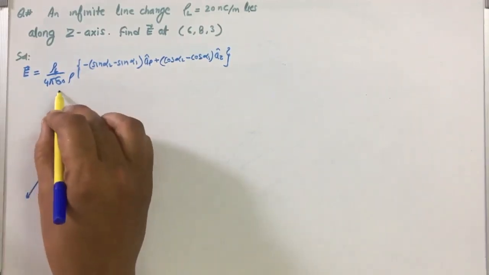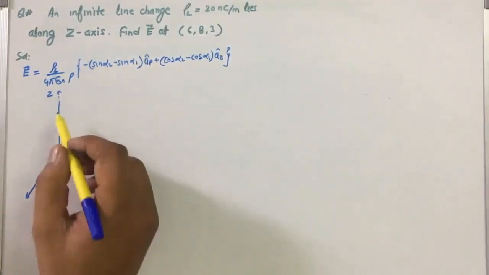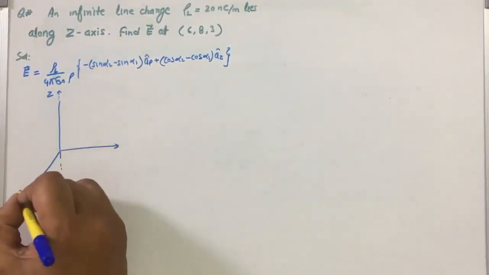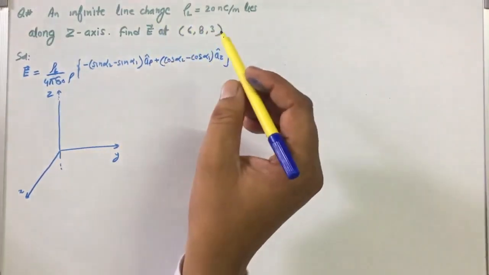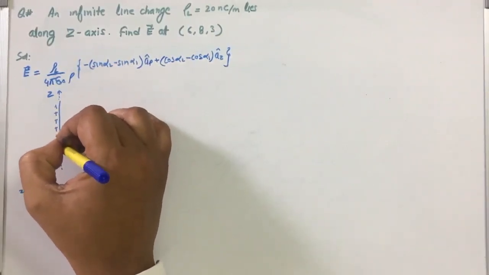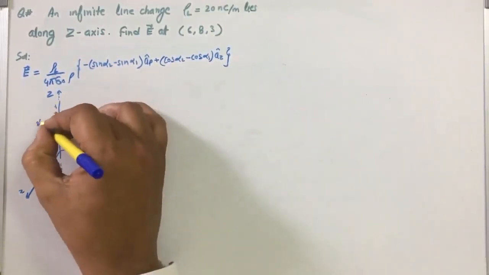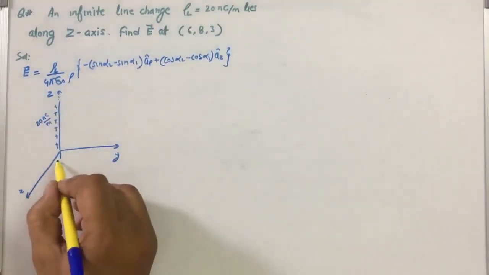If this is z, then to get z we have to do a cross product: if this is the positive direction, then x should be here, and x cross y will give z. Now the charge density is 20 nanocoulomb per meter.